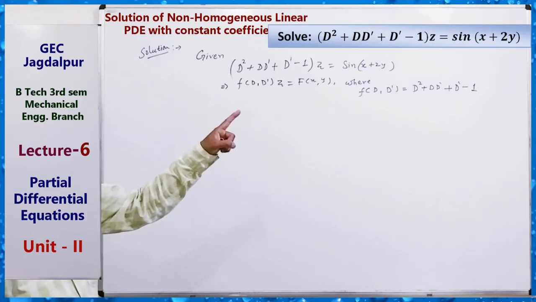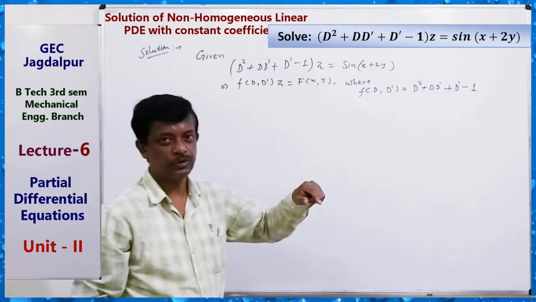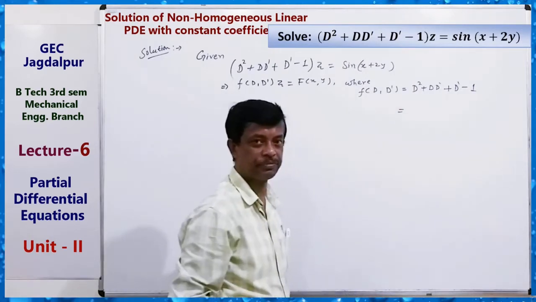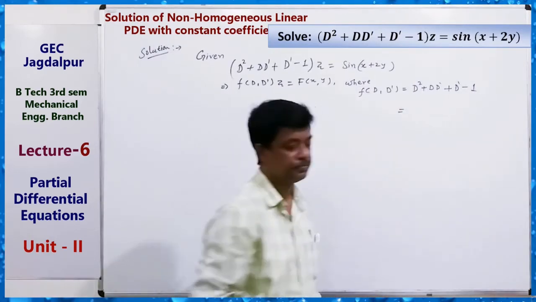D² + DD' + D' − 1, we can factorize this. Very simple. How?